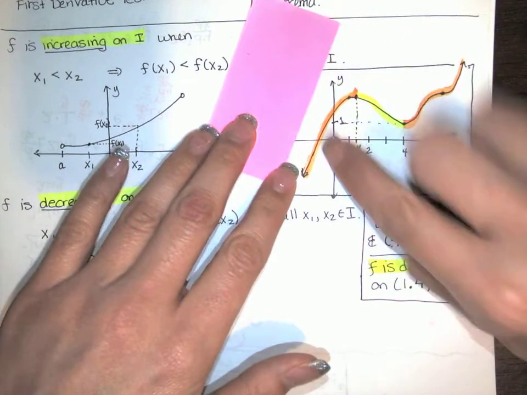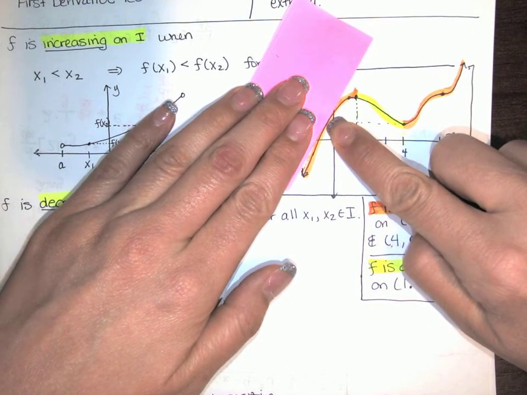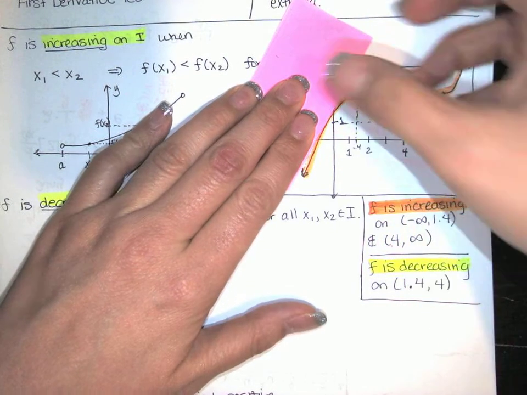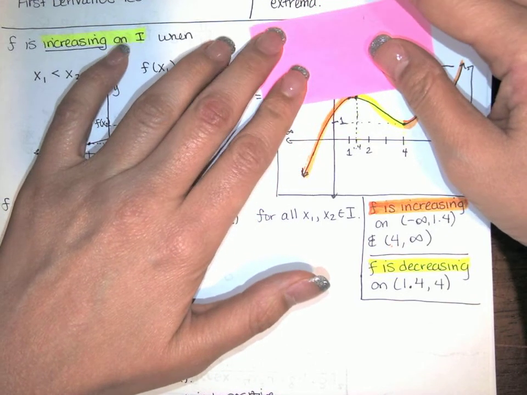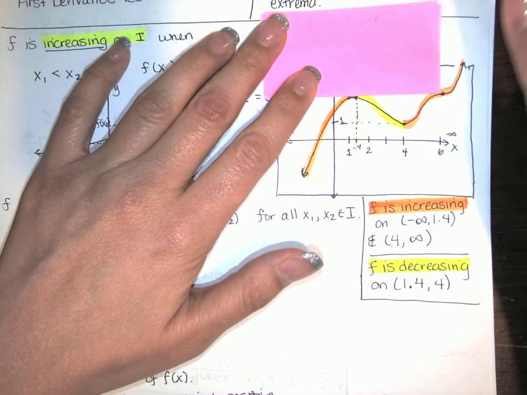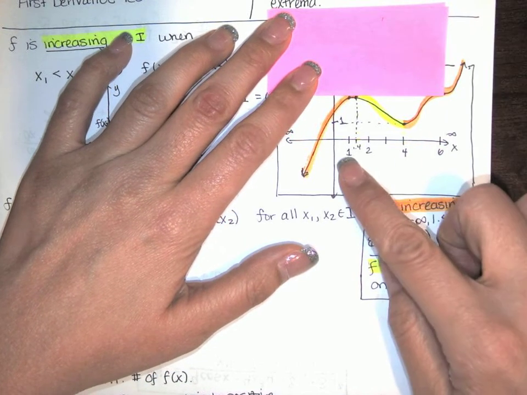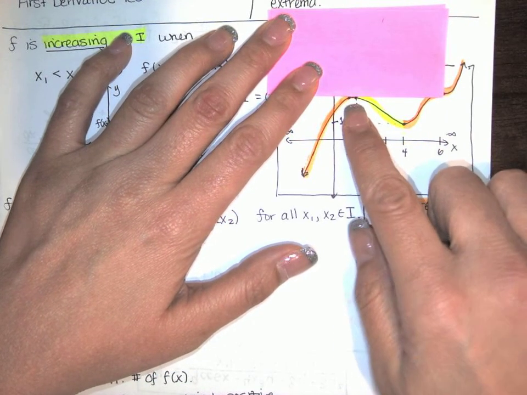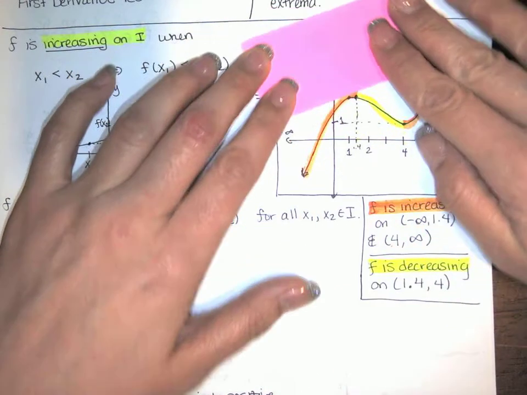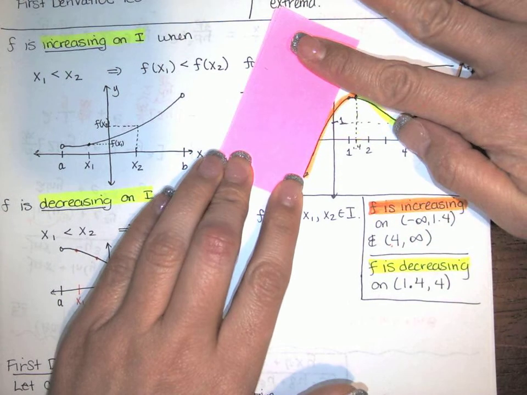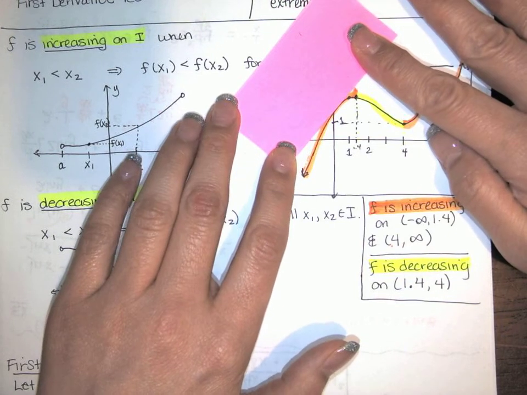If I draw a tangent line at this x value, trying to match the slope of the curve, it's also sloping up. And that's true for all of the x values until we get to right about there. And then at the top, according to my picture at x equals 1.4, we've got a 0 slope at the very top. But it's been increasing the whole time. We've got a positive slope and a positive slope and a less positive slope.